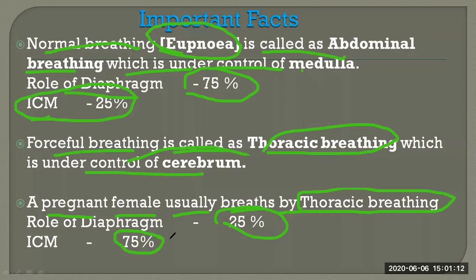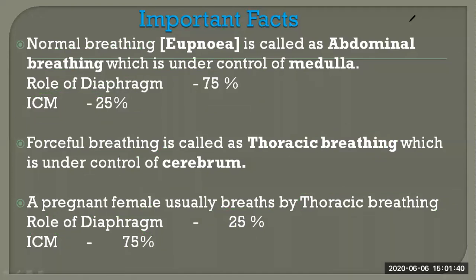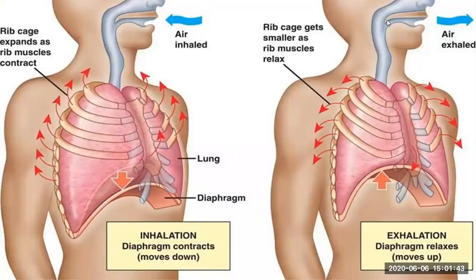In forceful breathing, the internal intercostal muscles also play an important role during expiration, about 75%. So a pregnant female always performs forceful or thoracic breathing. Now we will see the difference in this figure.